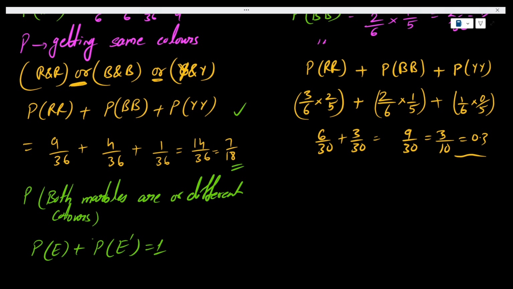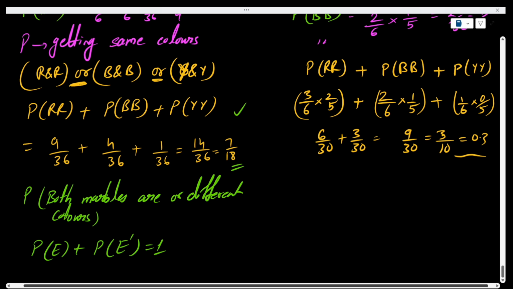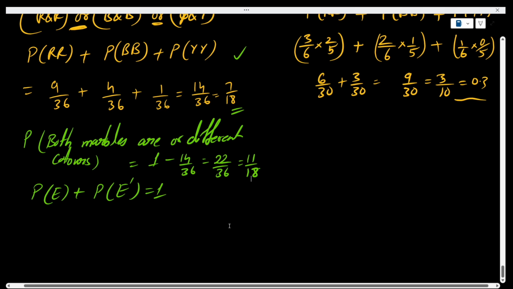So not the same color, I can do 1 minus 14 by 36, or 7 by 18 also. If you do this, how much are you going to get? 22 by 36, which is 11 by 18. This is the very easy way.